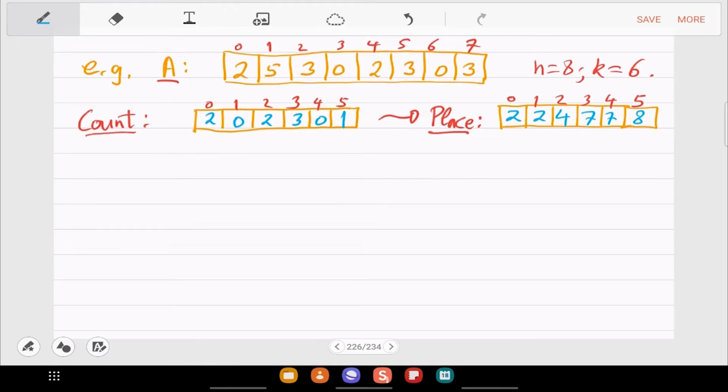Then 3 has to appear till location 7. So you will get 3 3 3, no 4, and then 5. That is how you will output. So the output becomes, using the place array.